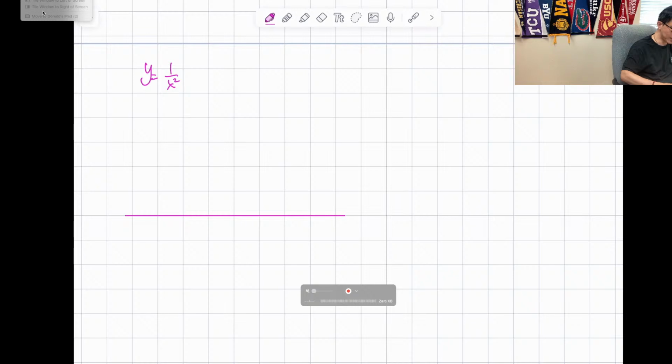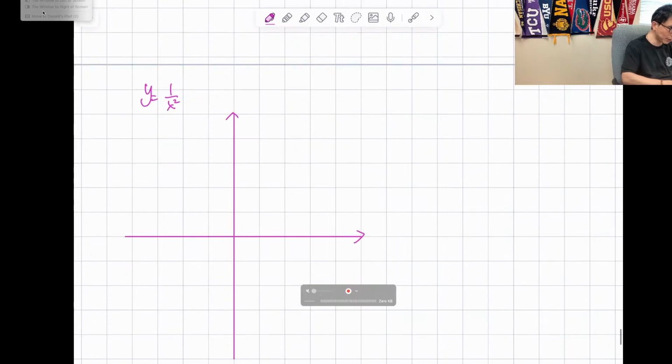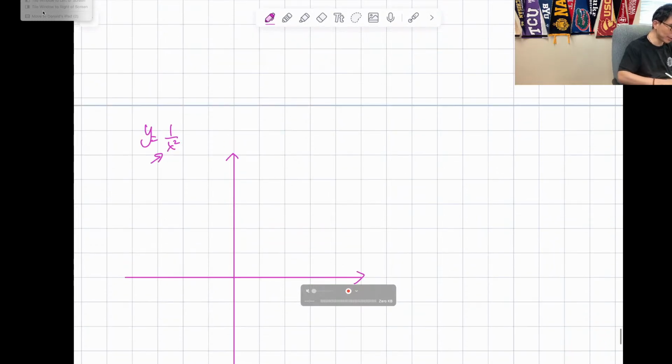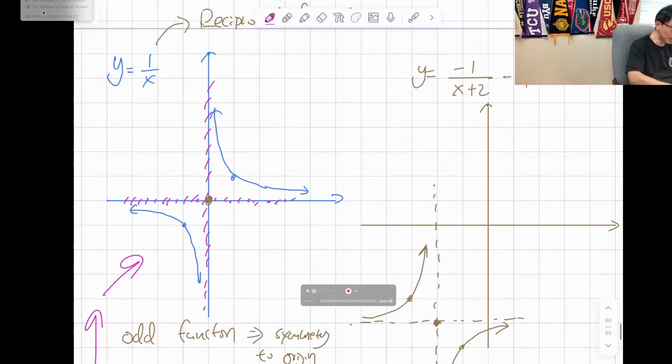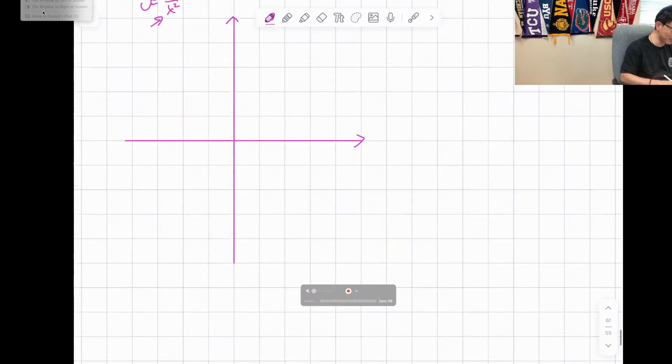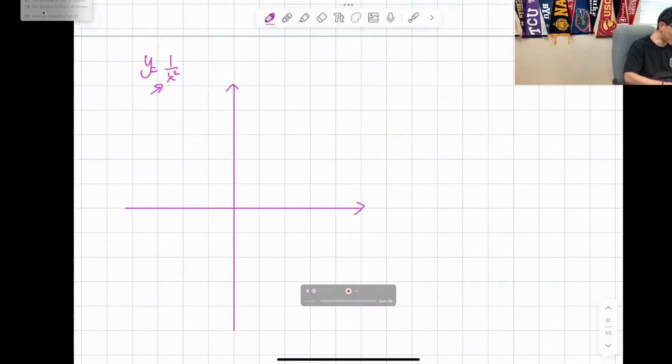Kelly says it looks kind of like a volcano, because it still has x equal to 0. It's gonna be an asymptote. There's still an asymptote here, because you technically cannot plug in 0, just like this one. The vertical asymptote is x cannot equal 0, because when x equal to 0, it's 1 over 0, which is undefined. Anything with 0 in the denominator is undefined.